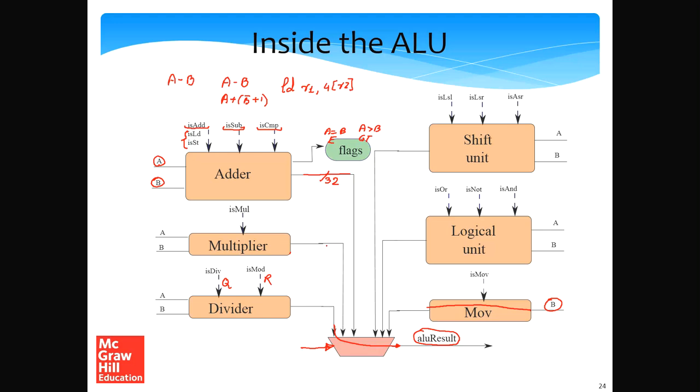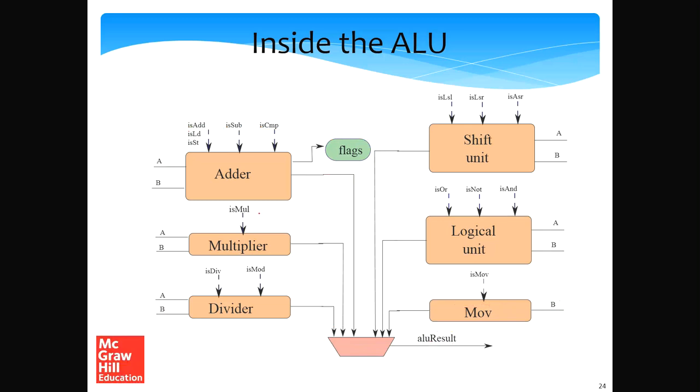Transmission gate is a good idea, but it's not the only idea of how to implement such a multiplexer. So let's assume there are two inputs of this type. Let's call this input 1, and let's call this input 2.